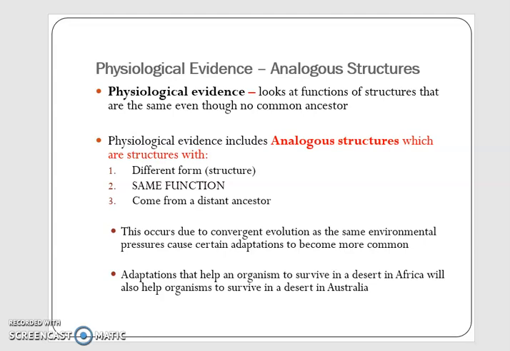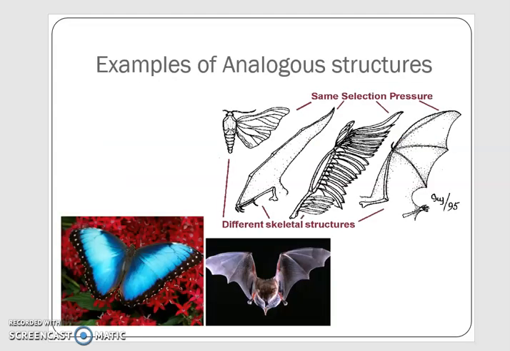So if organisms are living in two different deserts, they will develop similarly because the adaptations that help one organism to survive in a desert will also help other organisms to survive in the desert. Some examples of analogous structures include wings of different animals, so like a butterfly and a bat. You have an insect versus a mammal, so the internal structure is different, but the overall function, which is flying, would be the same.